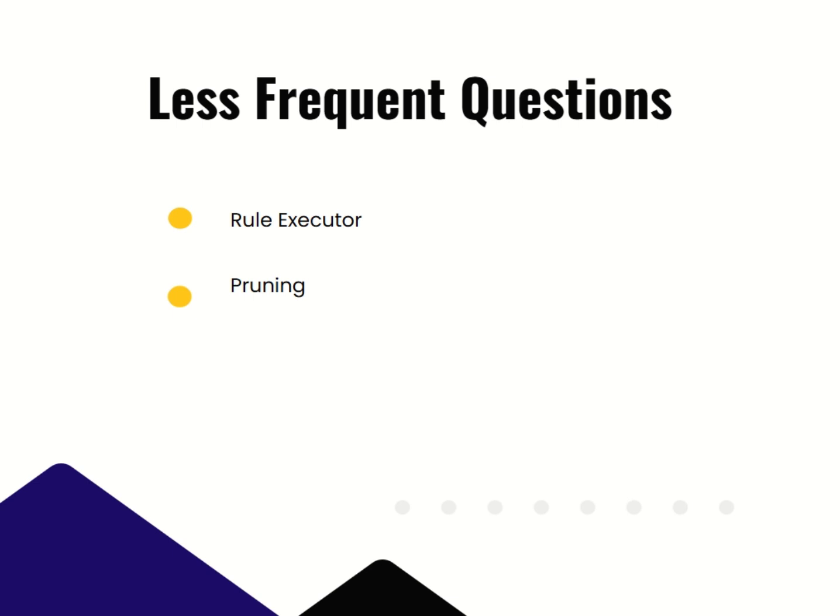You might need a task with a rule. Pruning: there will be a frequency for how often you remove or delete the tasks. Usually 60 days, 90 days, or 30 days, configured in the global settings.